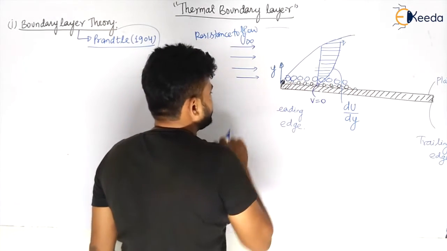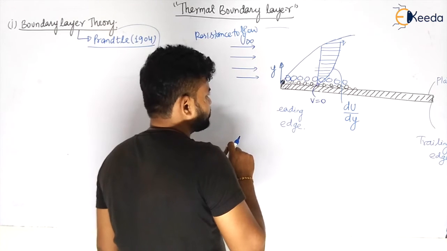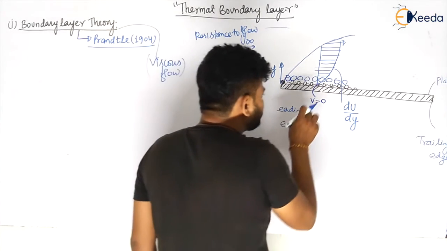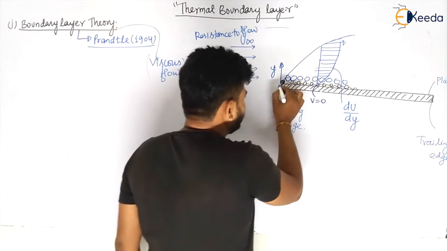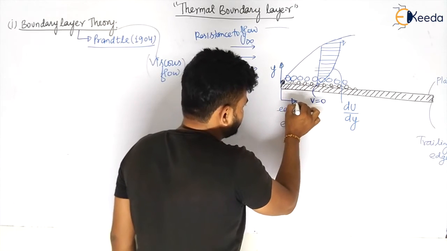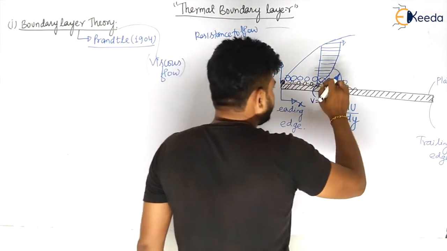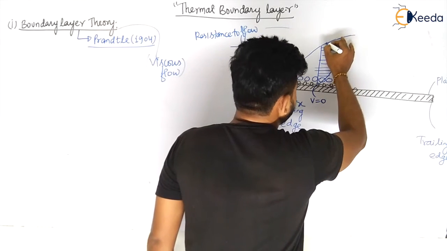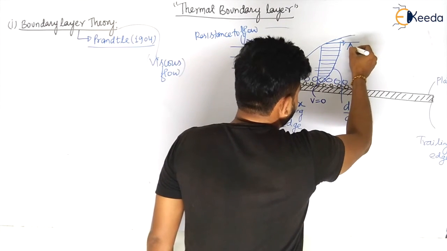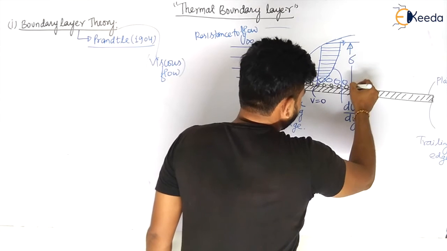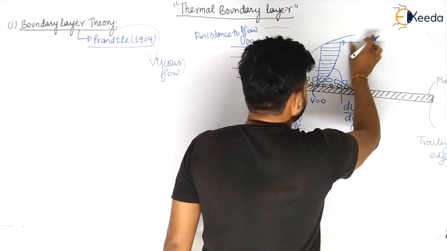So the boundary layer region we have seen now. The distance from this leading edge, I am taking y in the upper direction and x in this direction, and we will see that distance later on.